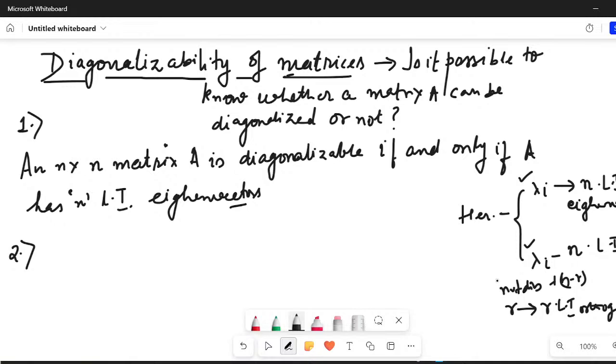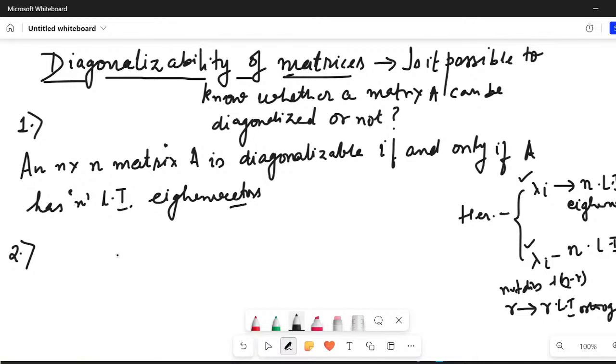In totality, the eigenvectors of a Hermitian matrix will always form an orthonormal set of n linearly independent eigenvectors.